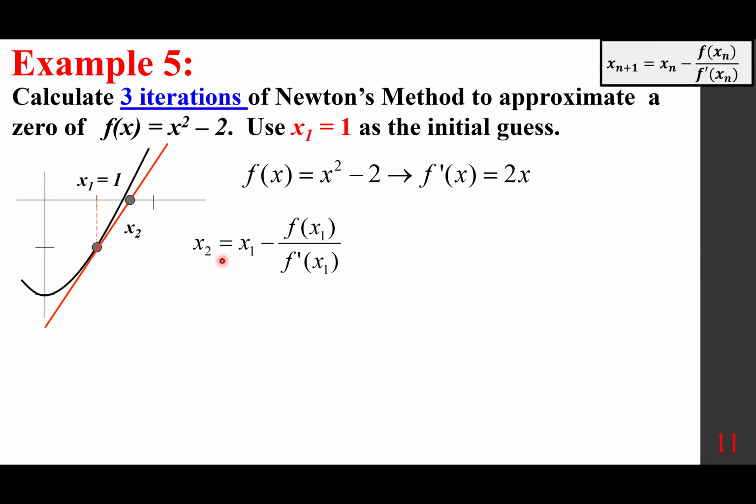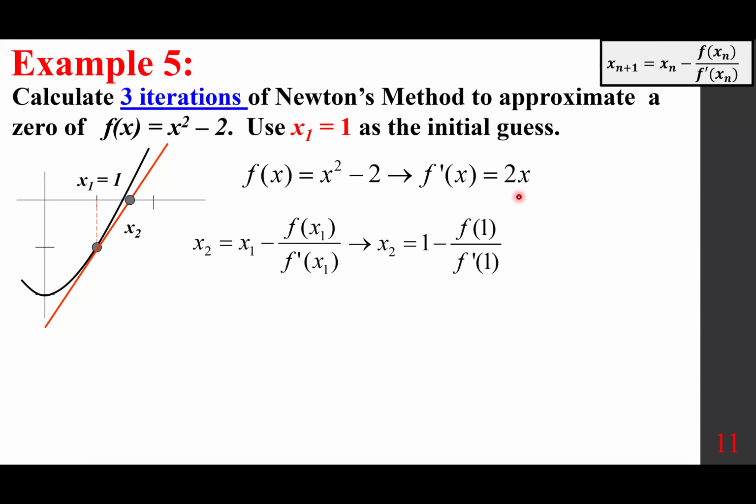what is x sub 1? 1 minus f of 1 over f prime of 1. So you have to show the function, you have to differentiate, show f prime of x, and you have to show, okay, starting with x sub 1, here's how we get to x sub 2. So 1 minus, what is f of 1? 1 squared minus 2.